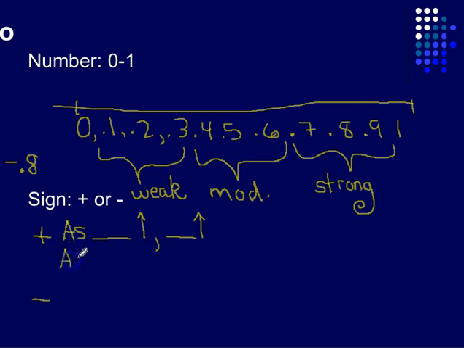We can also do it the opposite. As this first one goes down, what do you predict about the second one? It's also going to go down. So they go up and down together. And how well they travel together is determined by how strong the relationship is.